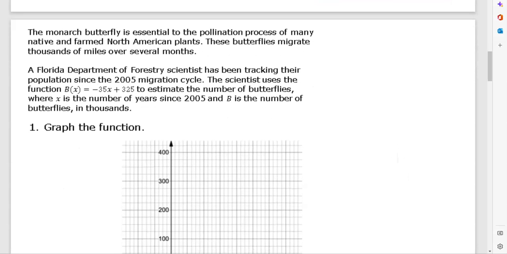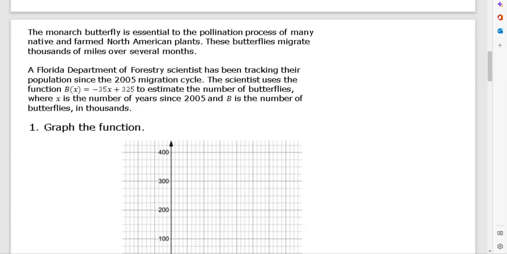Here we go. The monarch butterfly is essential to the pollination process of many native and farmed North American plants. These butterflies migrate thousands of miles over several months. A Florida Department of Forestry scientist has been tracking their population since the 2005 migration cycle.